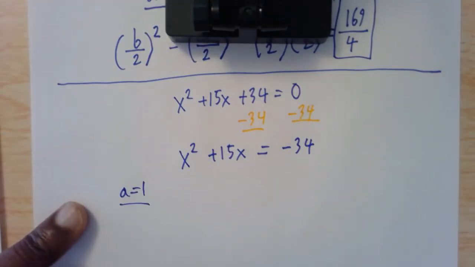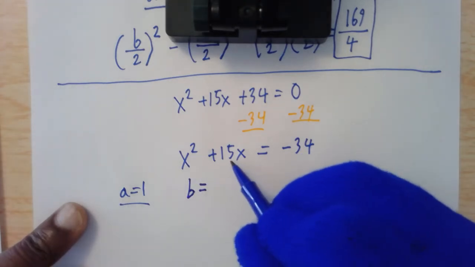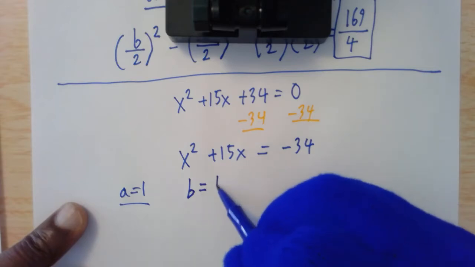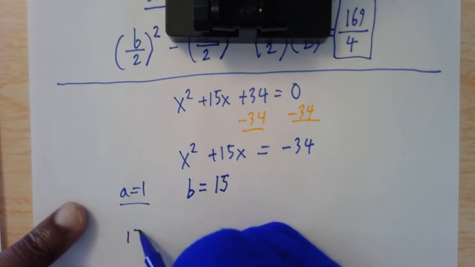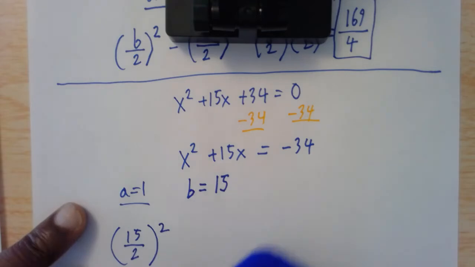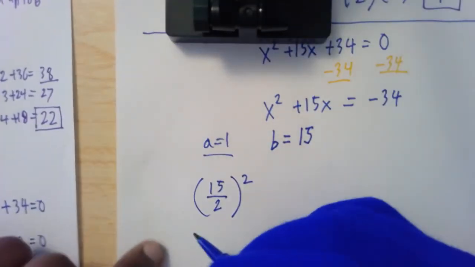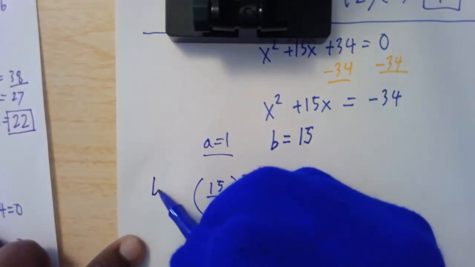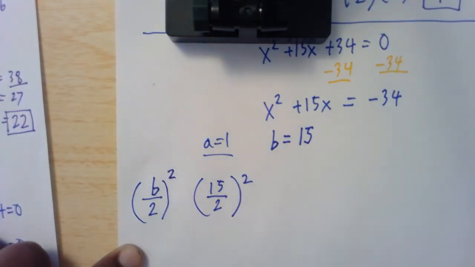Now that we know a is equal to 1, our next step is to do what? Well, we have to find our perfect square completer. To do that, we need to know what b is. B in this case is what's next to x to the first power, which is 15. Once we have b equal to 15, then we're going to do 15 over 2 squared. Where did I get all that from? Well, it's the same thing we spoke about before, that perfect square completer. It's b over 2 to the second power.